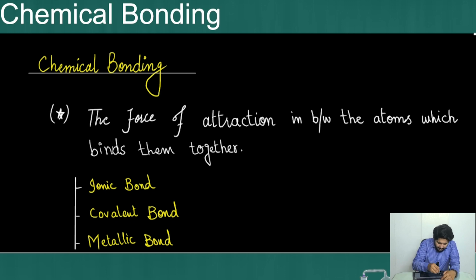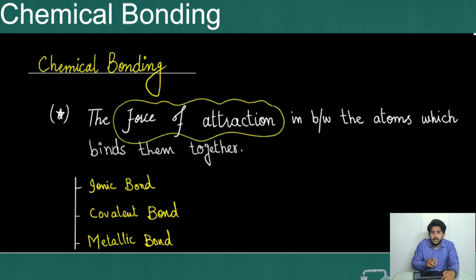So I have mentioned here that chemical bonding is actually a force of attraction. It's a force of attraction between the atoms which binds them together. What does it mean? For example, if you have a hydrogen atom and a chlorine atom, these are the two atoms.